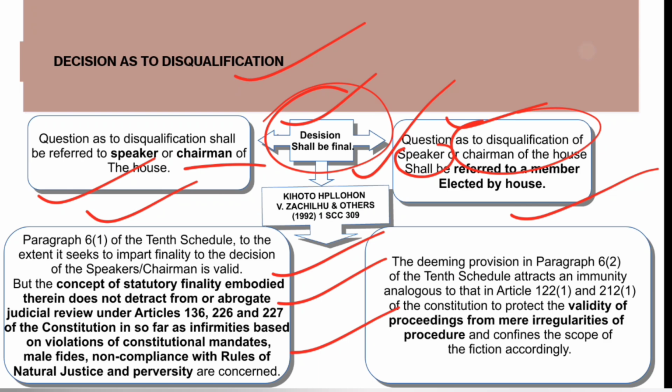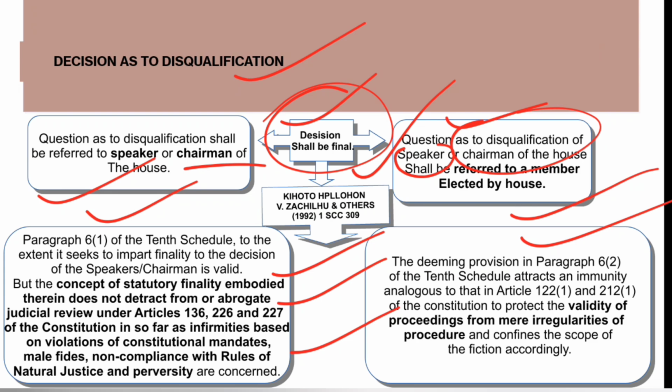And then one thing further was stated, that paragraph 6(2) says that the 10th Schedule attracts an immunity analogous to that in Articles 122 and 212 of the Constitution, and that provides that these proceedings shall be proceedings in Parliament, and they are immune from any sort of challenges before the courts of law.